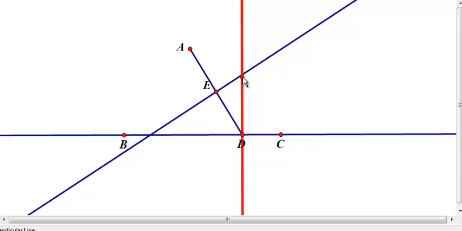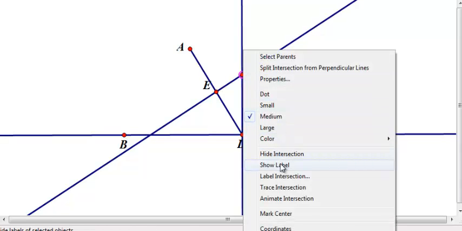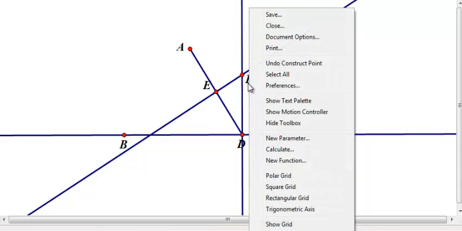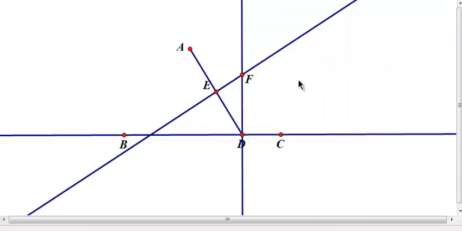Now the two lines meet at this point, which we name as F. Join A to F. Now we notice that AF is equal to FD, the segment FD.